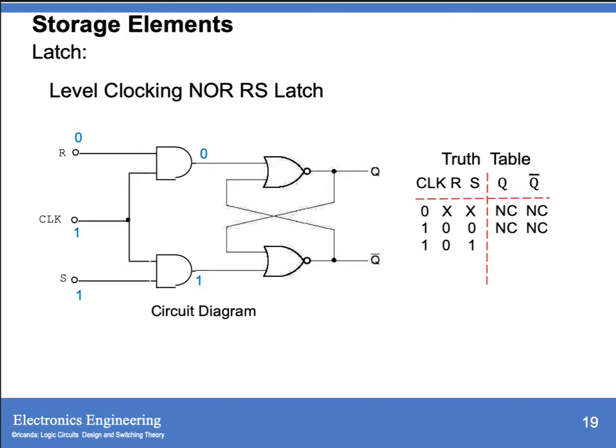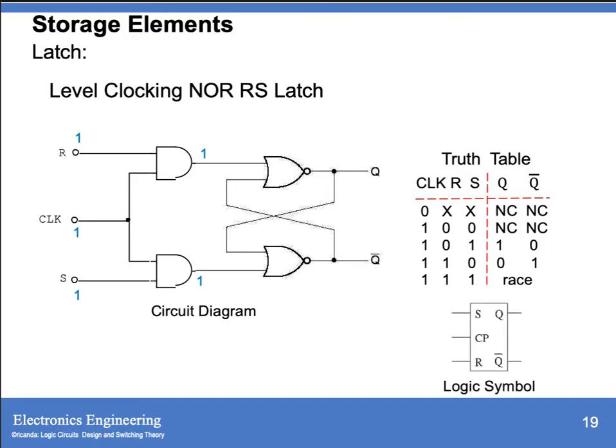Since your second AND gate is 1 and your first AND gate is 0, therefore we have an output of 1 and 0. Then if we have 1 and 0 for your R, the first AND gate is 1, therefore we have an output of 0 and 1. And if they are both 1, 1, therefore we have a race condition. So this is the logic symbol of your level clocking NOR RS.